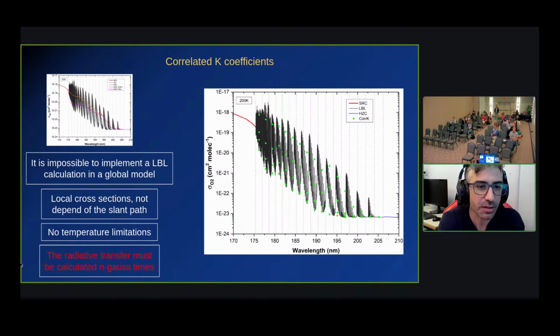We can observe in this figure green points that correspond to the Gauss points of the correlated parametrization. This parametrization takes the same 17 bins that Cooper and Murtagh use and calculates, in this case, 4 Gauss points for each interval and gives them a weight.